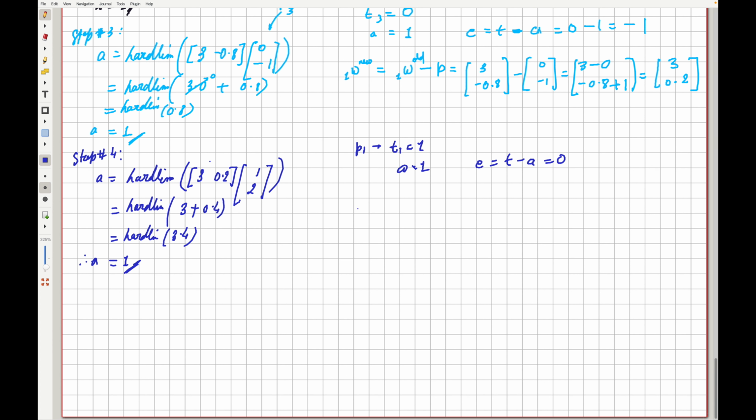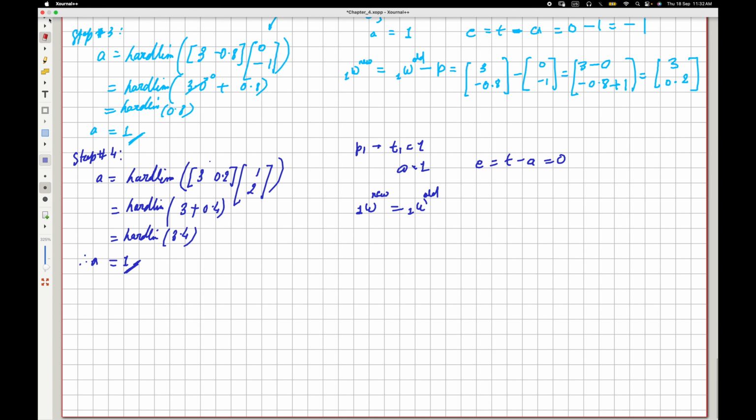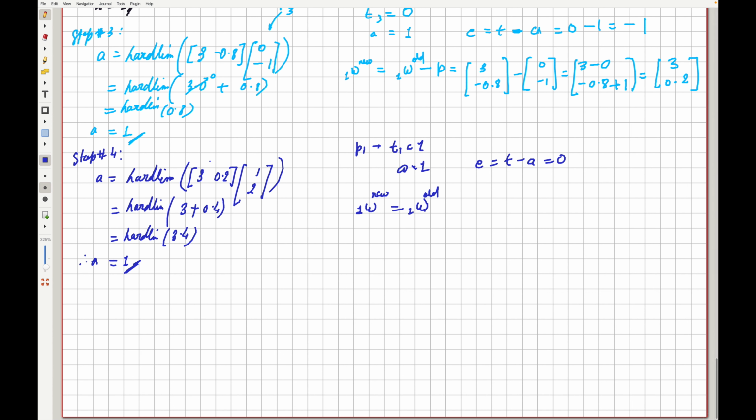So here if we say W1, the W that we have, if we were to again try to update the W, it's not going to change, because the error T minus A is equal to 0, and so if those are equal, then we simply don't update, and so the new W is going to be equal to the old W that we have.